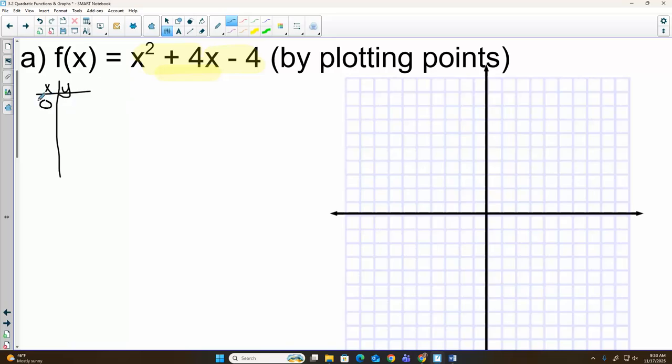If you plug in a 0 for your x, what do we get out? We're just going to do as many points as we need until we get a graph. If I put in 1, I get 1 plus 4 minus 4.